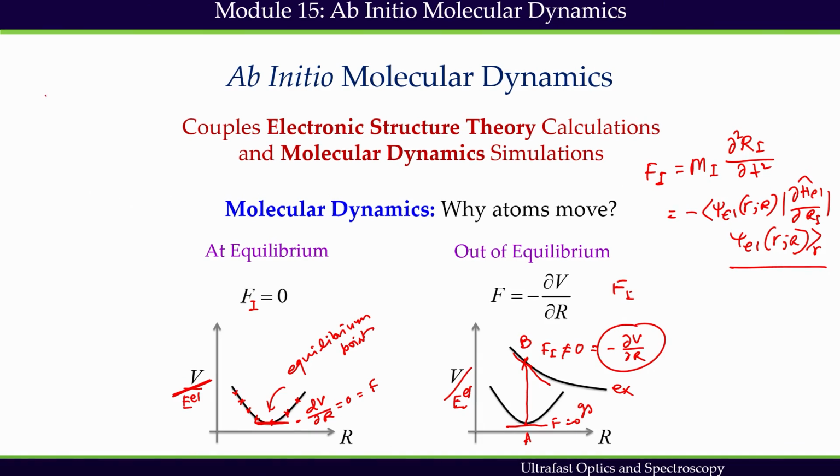So, I have a system having n number of nuclei, and this system will evolve, which means that the position and momentum of different nuclei will change because the force acting on them is not zero. And how do I get that force? Force can be calculated from the potential gradient, and this potential gradient can be calculated from electronic structure theory calculations.